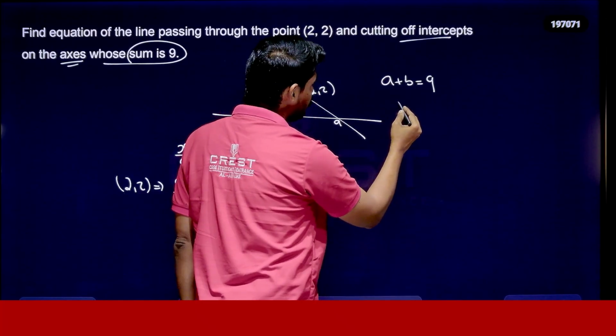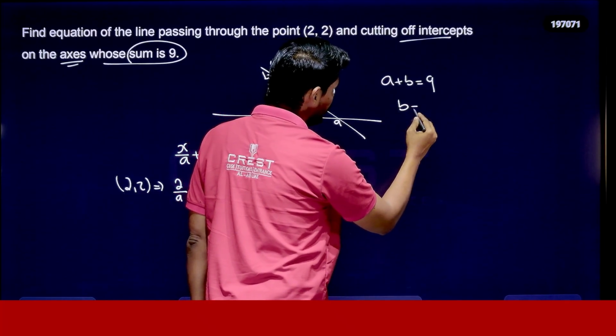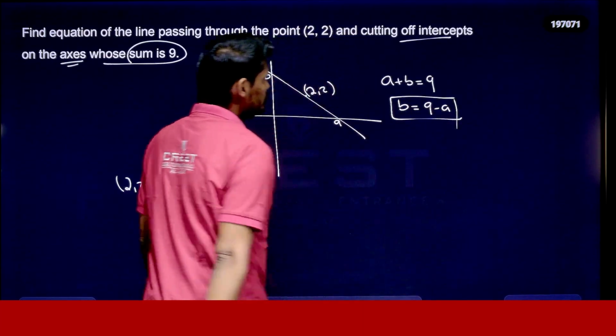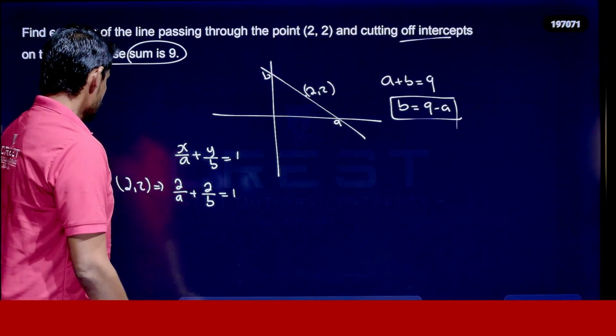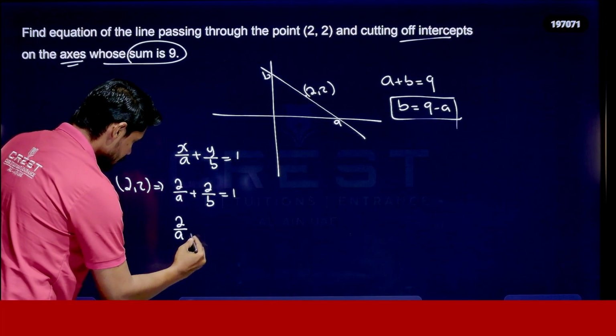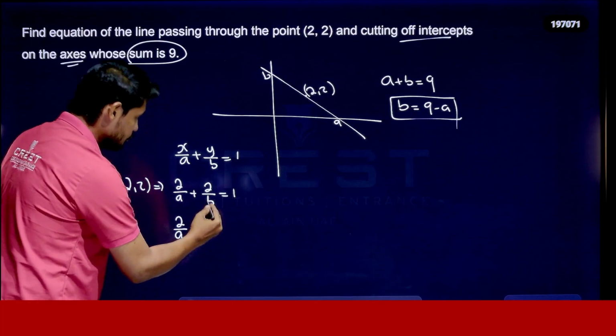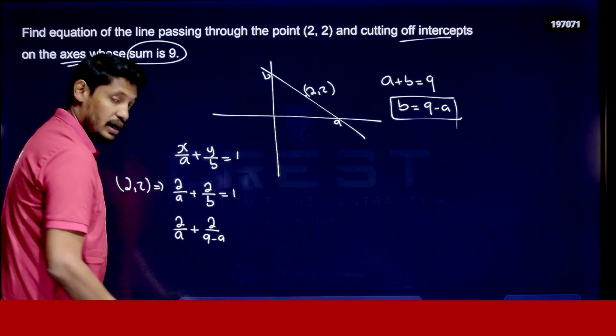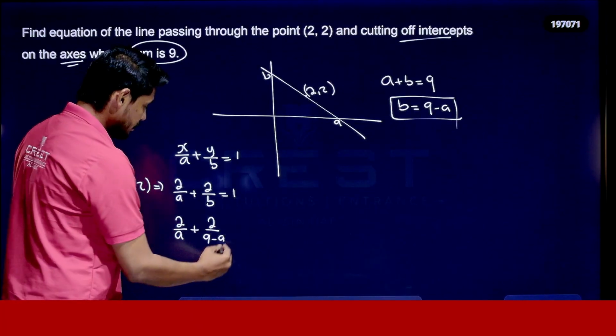From here can you find a or b? We can find b as 9 minus a. So here it is 2 by a plus 2 divided by 9 minus a, equal to 1. Now we have all the variables in a, so we can find it.